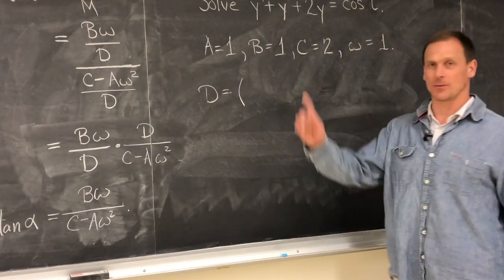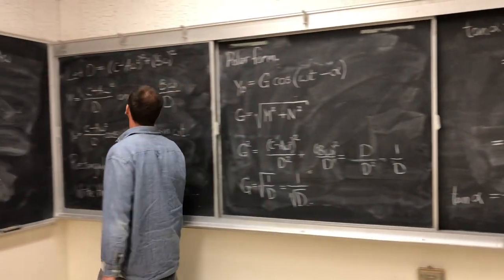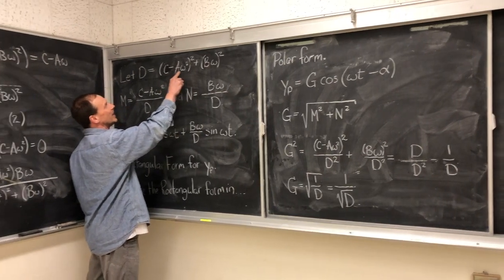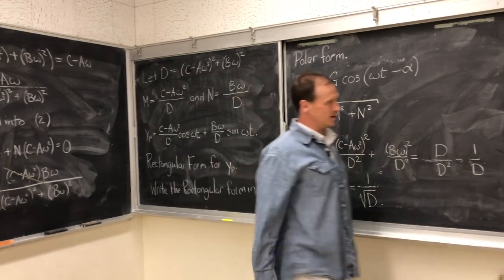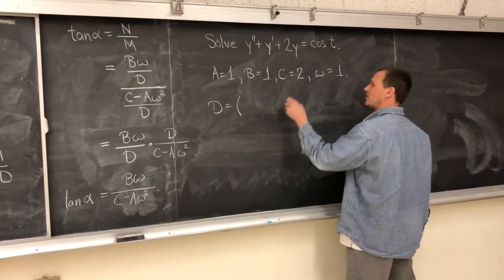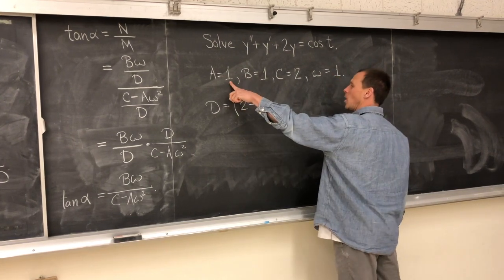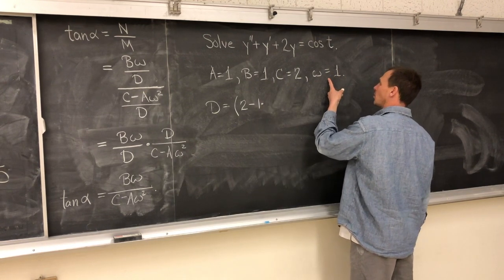D, all the way back here. D is this: C minus A omega squared, quantity squared, plus B omega quantity squared. We're going to do this all at once. C is 2, minus A is 1 times omega, that's 1.